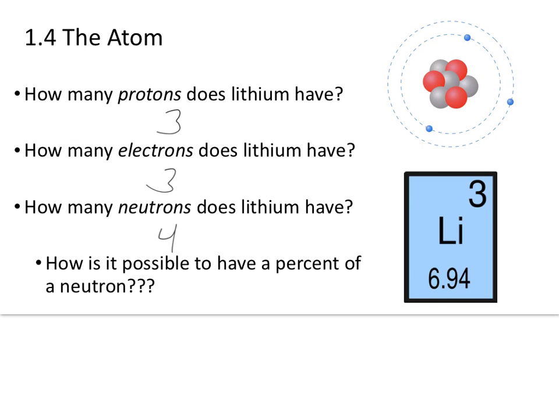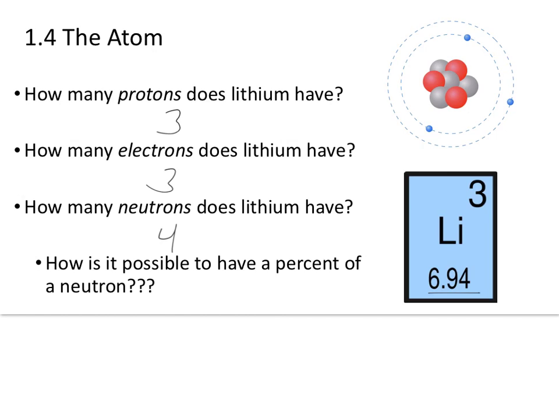It's almost like saying there's 6 and 94% of a neutron in the nucleus. How can that be? Well, that can't be. But it's because this is an average right here. We say in the nucleus of lithium atoms, on average, there's 6.94 particles there. Now, in this one, there's 7 particles. But on average, there's slightly less than that.